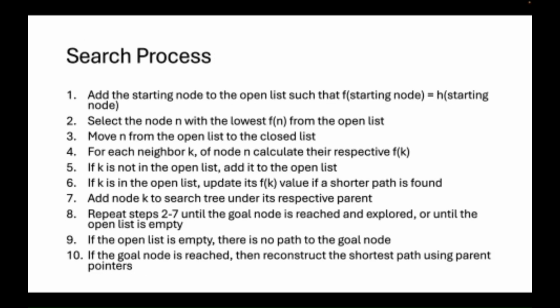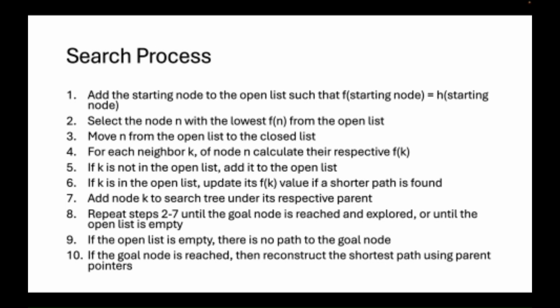So let's go through a typical search process. First we add the starting node to the open list, such that its cost is just the approximate value from the current node to the goal, because of course the g in this case will be 0, since the cost to go from the starting node to the starting node is 0.